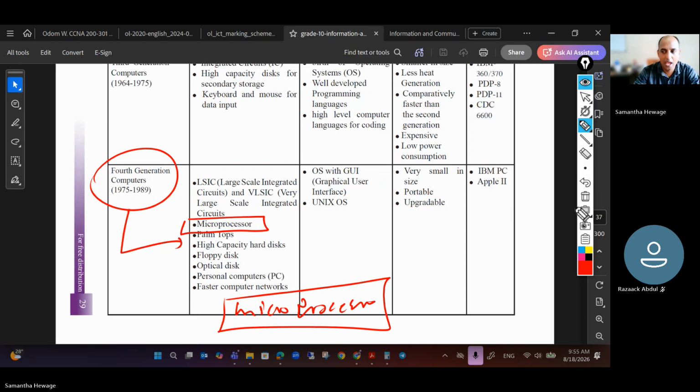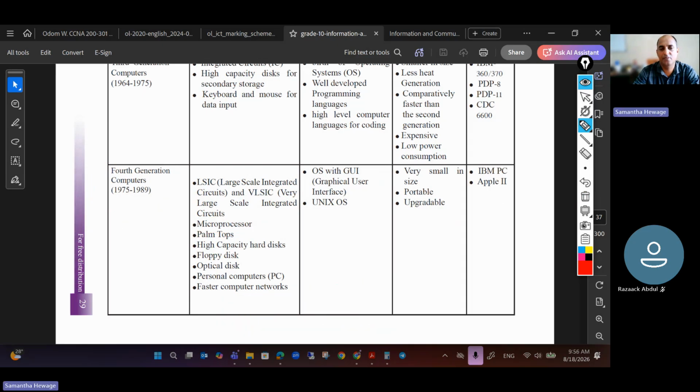And remember, this is the era when the Unix system was introduced to the world. Microsoft came after that.